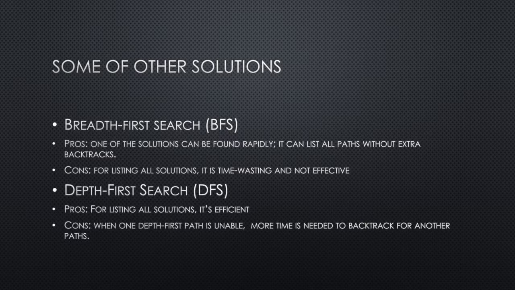The second one is DFS, which is depth first search. The advantage of DFS is that for listing all solutions, it's efficient. And the disadvantage of DFS is that more time is needed to backtrack for another path.